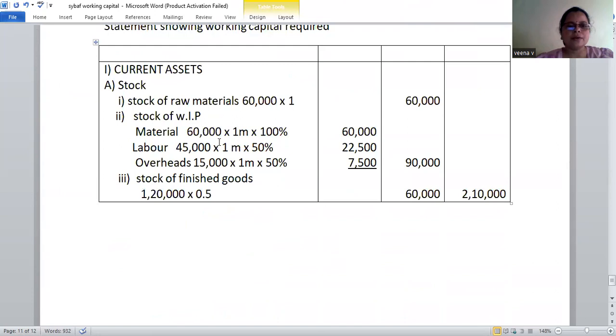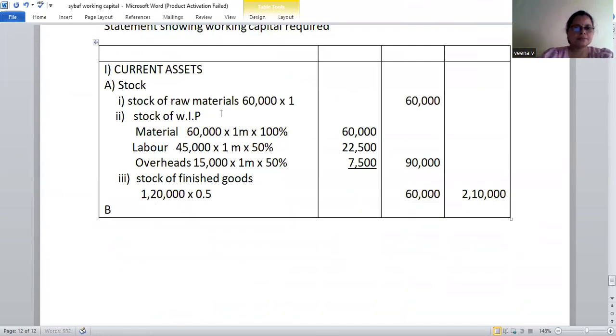Now after stock, we have to calculate Roman B, that is our debtors. Now they have mentioned that debtors are to be calculated at cost for 3 months.